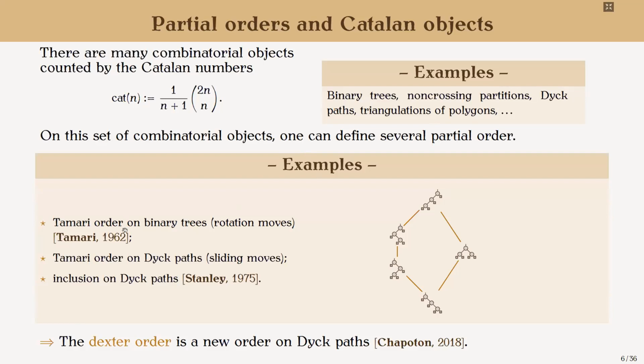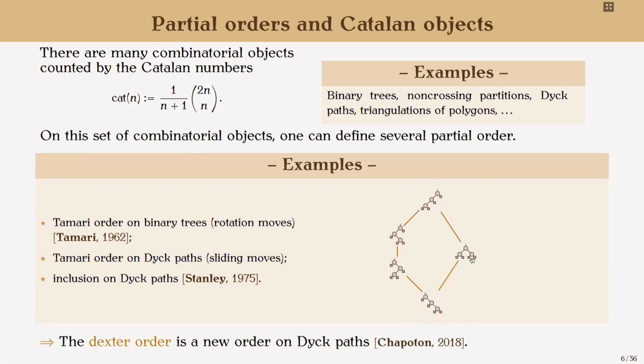This is the case, for instance, for the Tamari order on binary trees, where the covering relation is given by the rotation move. So here I draw what we call a Hasse diagram, and I draw the smaller element at the top of the diagram and the greater element at the bottom.